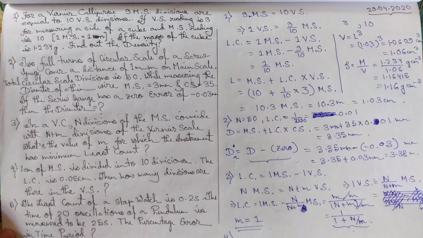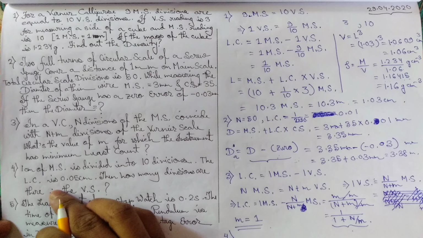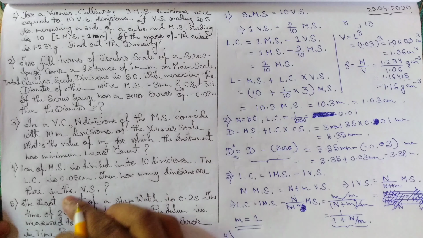Okay, next, question 4. 1 centimeter of main scale is divided into 10 divisions. The LC is 0.05. Then how many divisions are there in the VS?